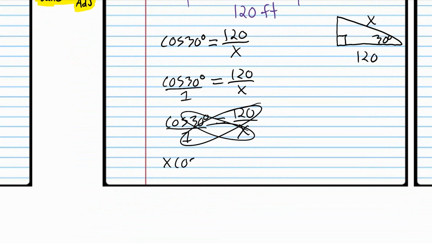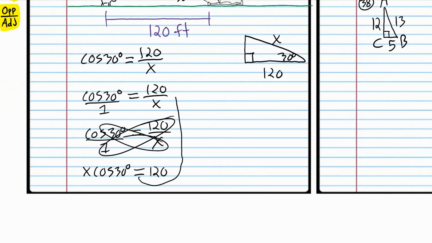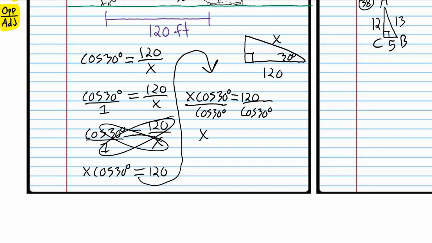And then we get x times cosine 30 degrees is equal to 1 times 120, which is 120. And put an arrow up here. And we're going to divide both sides by cosine 30.